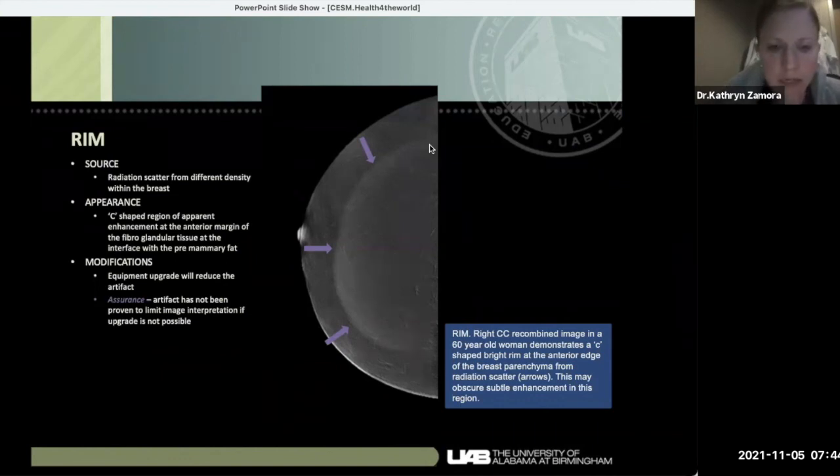And you can see that it is really just at that interface between the glandular tissue and the pre-mammary fat. They've done equipment upgrades that help reduce this artifact, but if you can't get an equipment upgrade, they have shown that this artifact does not limit interpretation too much if the upgrade is not possible.